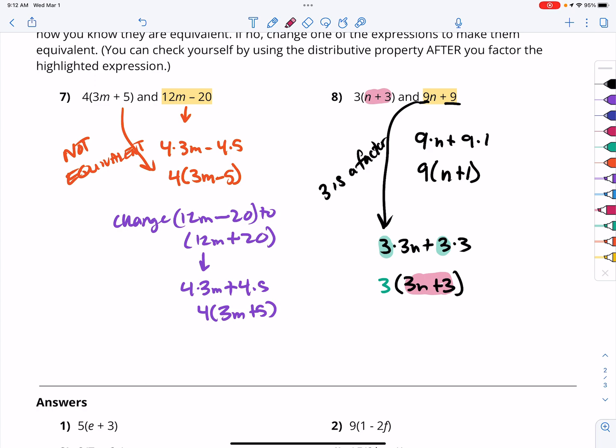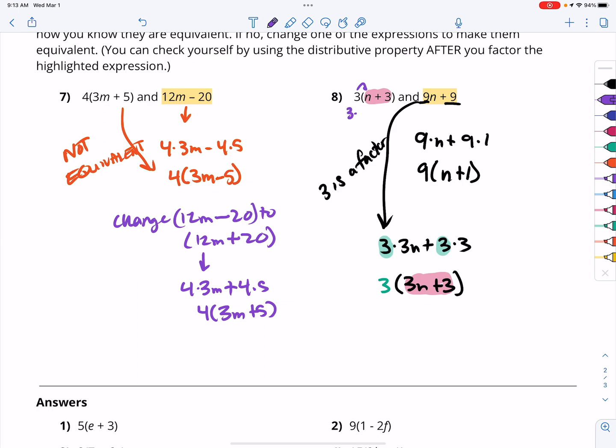So these are not equivalent, but I think we could have made them equivalent if we changed this one. We kind of have to change a lot in this one. I don't know if it's going to work to change very nicely. 3n plus 3. Let's do some distribution here.